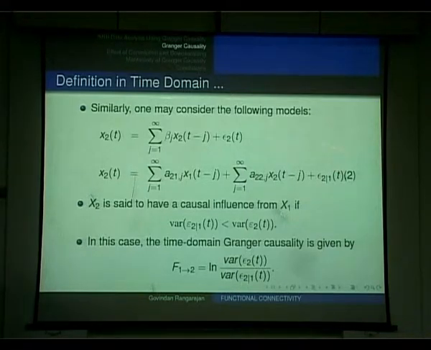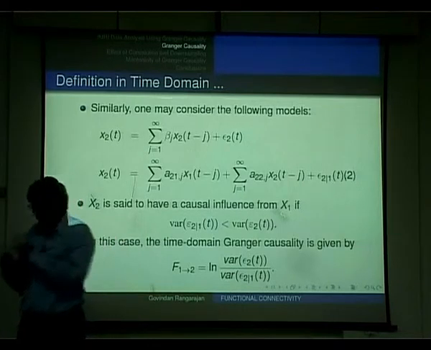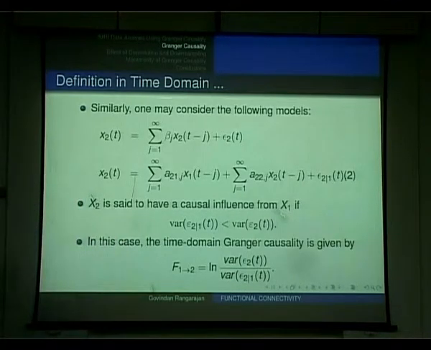If this error is smaller than the first, then obviously using the past of x1 has helped you predict x2 better. Therefore, you say that x1 has a causal influence on x2. This is again quantified by the ratio. So you can have causal influences going both ways, from 1 to 2 and 2 to 1.